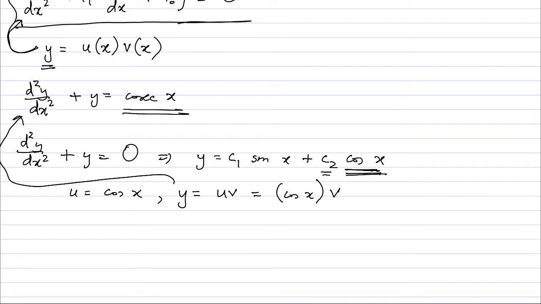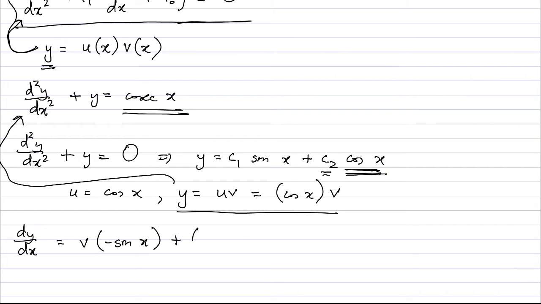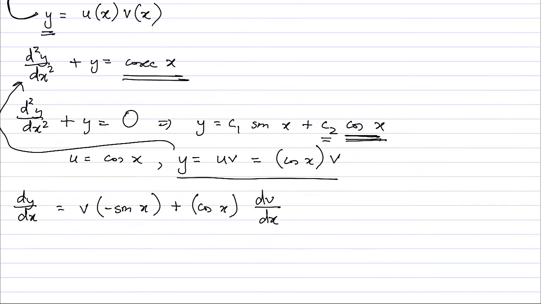So using this, let's first find dy by dx. You just use the product rule. So dy by dx is v times minus sine x, plus cosine x dv by dx. But you don't need the first derivative of y, you need the second derivative.